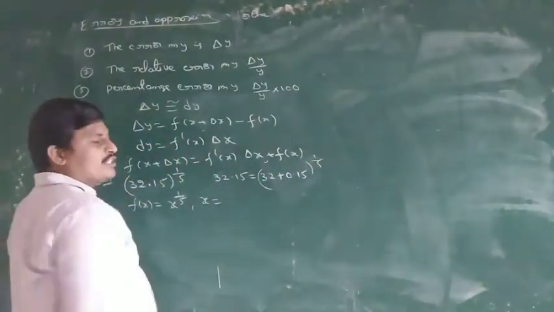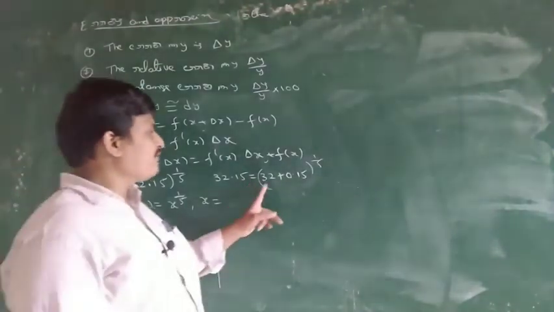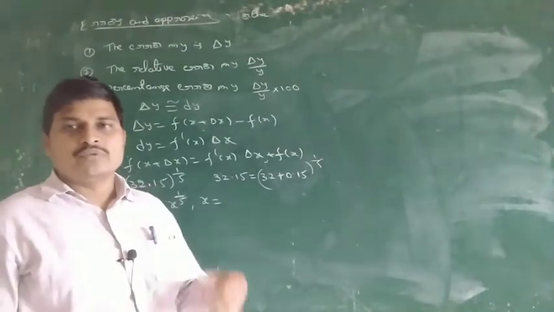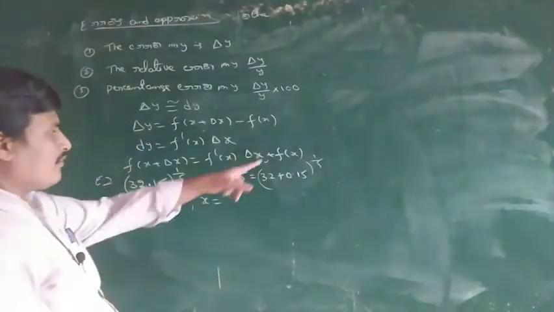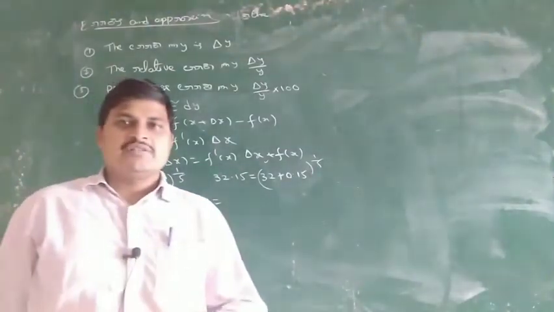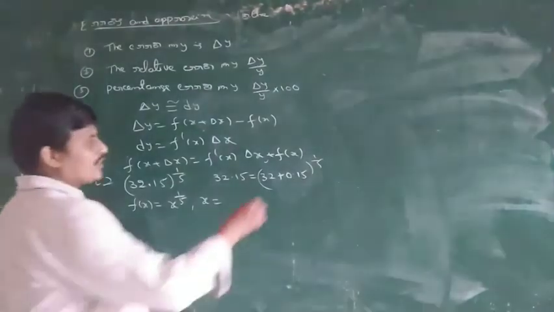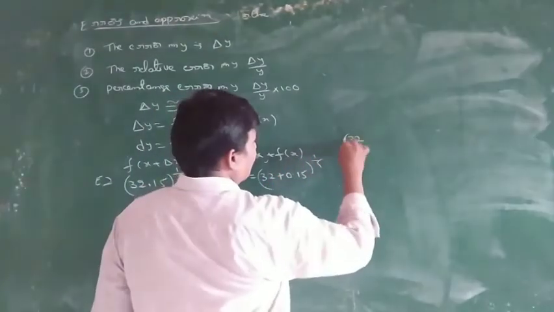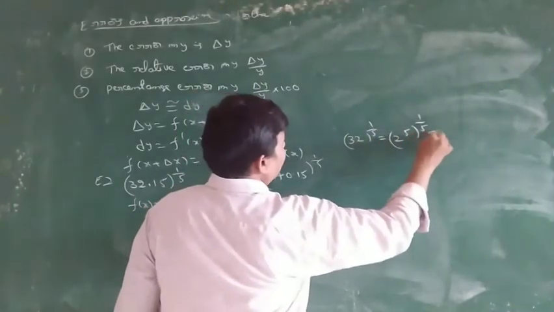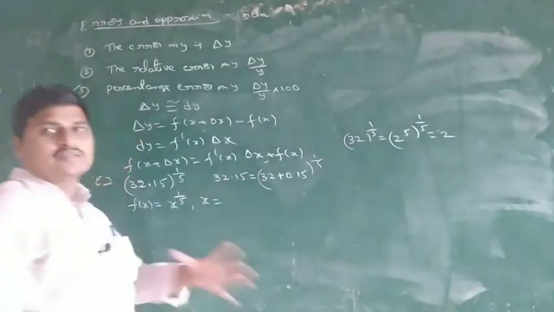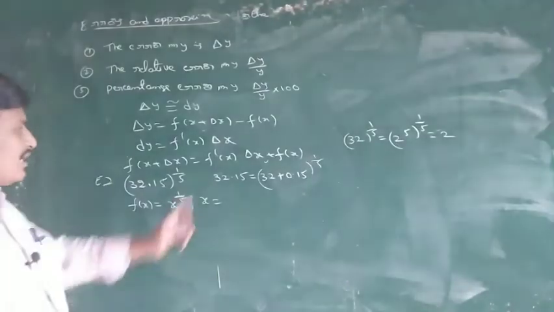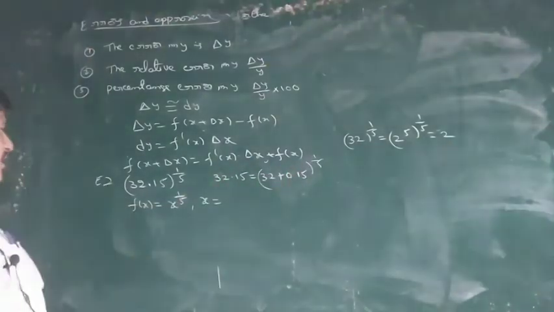Why convert into 32 plus 0.15? 32 has a perfect fifth root. 32 whole power 1 by 5 is equal to 2, because 2 power 5 is 2 into 2, 4, 8, 16, 32. So 32 whole power 1 by 5 is equal to (2 power 5) whole power 1 by 5, that is equal to 2. 32 has a perfect root, that's why we convert into 32 plus, because it is 32 point something.